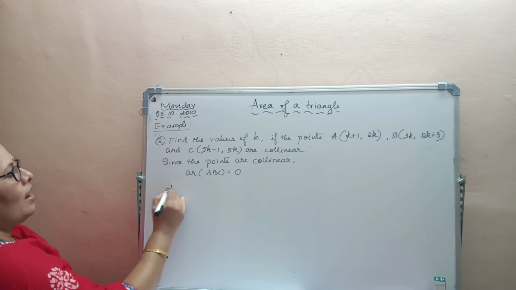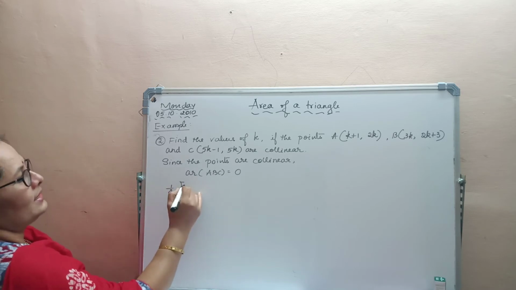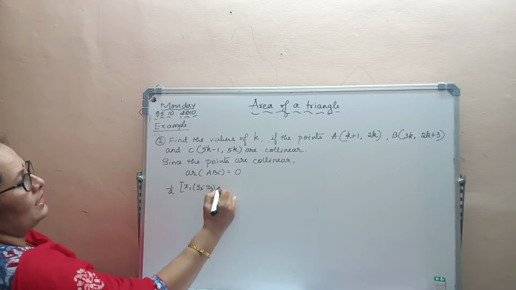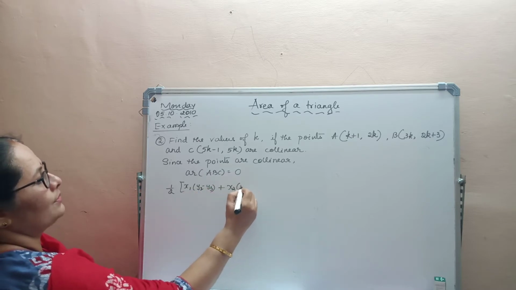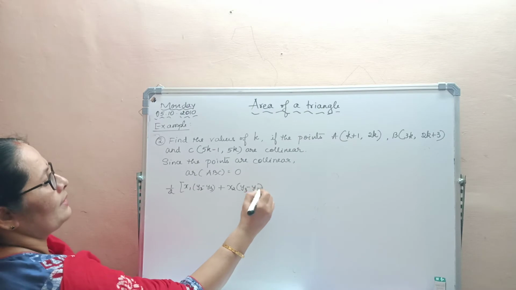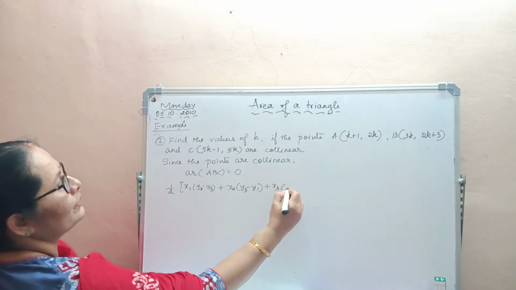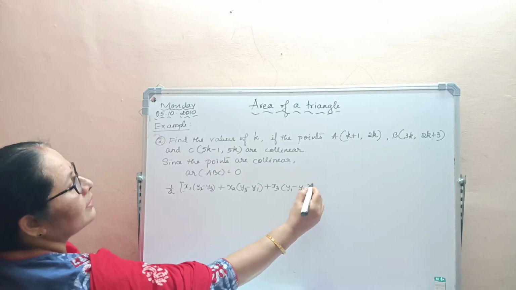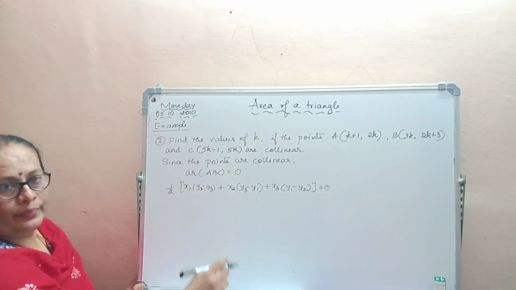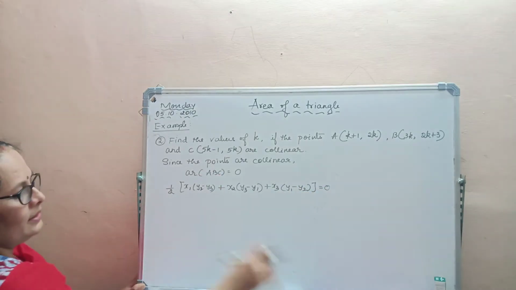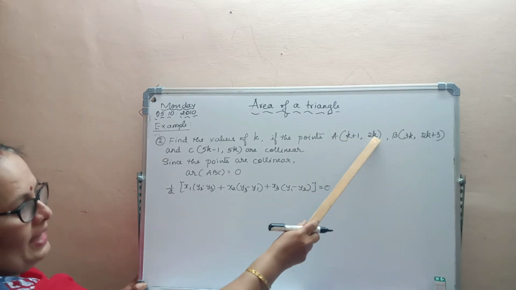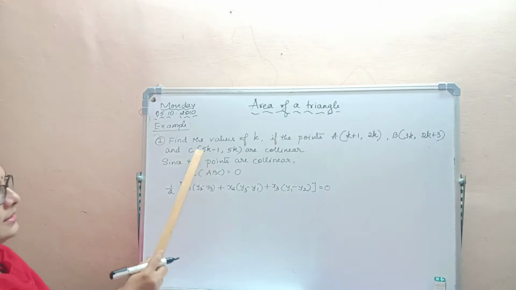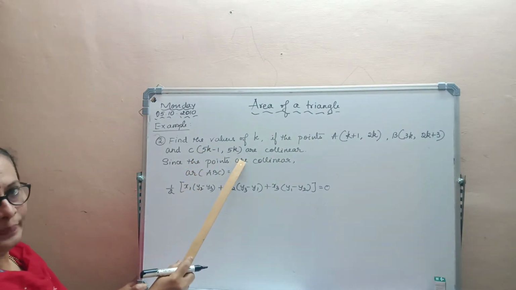That is, half into x1 into (y2 minus y3) plus x2 into (y3 minus y1) plus x3 into (y1 minus y2) equals 0. Now here this is x1 y1, this is x2 y2 and this is x3 y3, the given points.